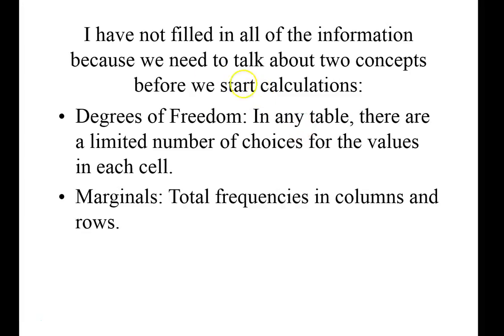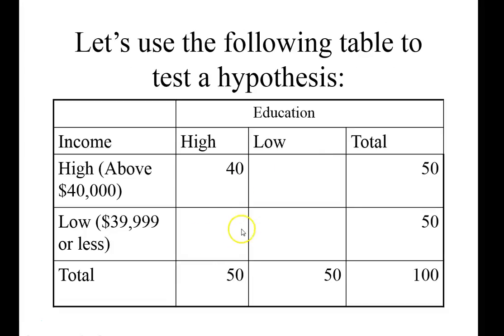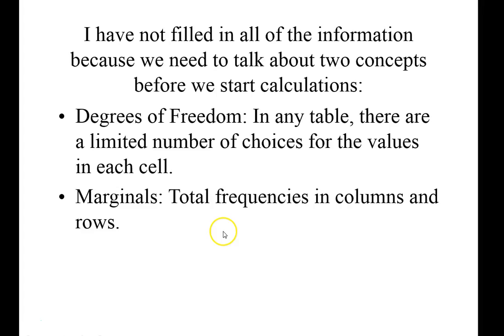But degrees of freedom: in any table, there's a limited number of choices for the values in each cell, right? You can't have 100 here. So there's only a limited number, and that's your degrees of freedom. Your marginals are the total frequencies in the columns and the rows.